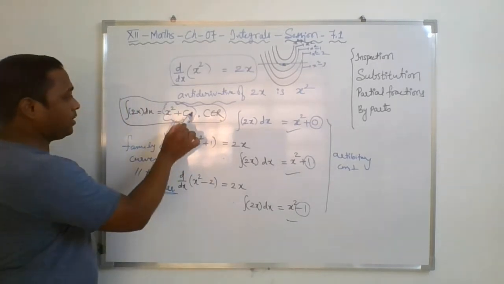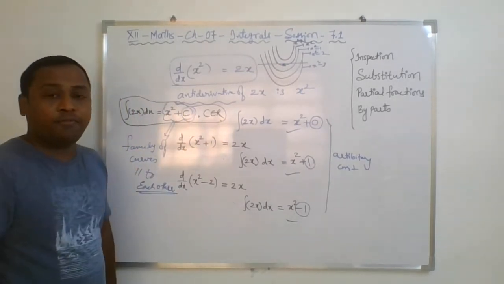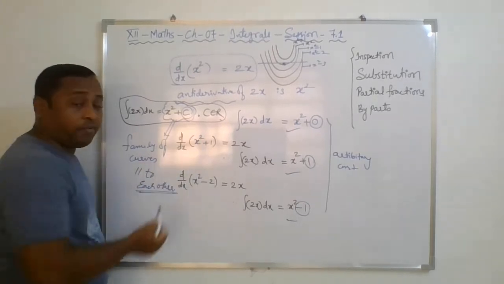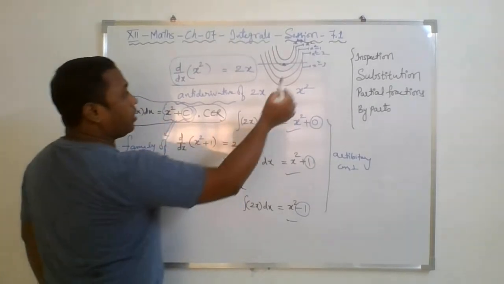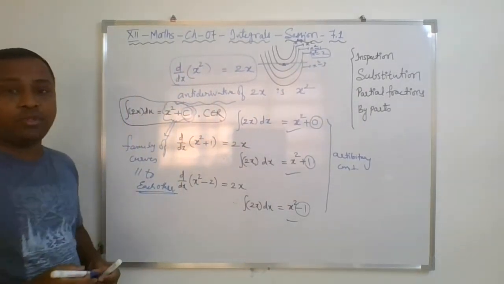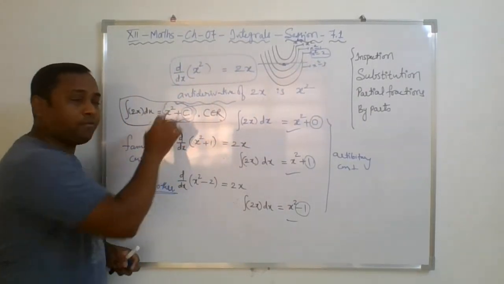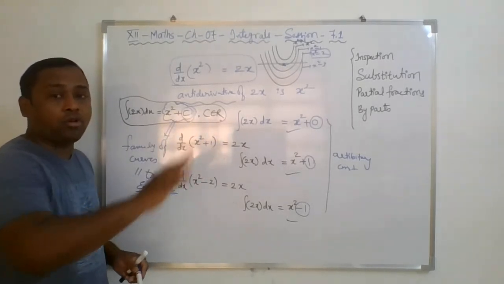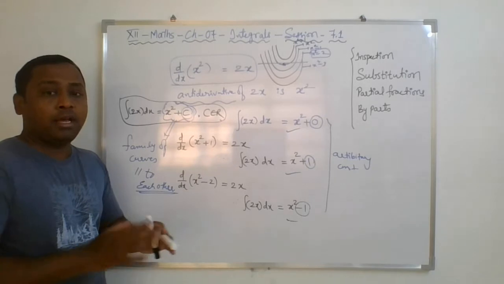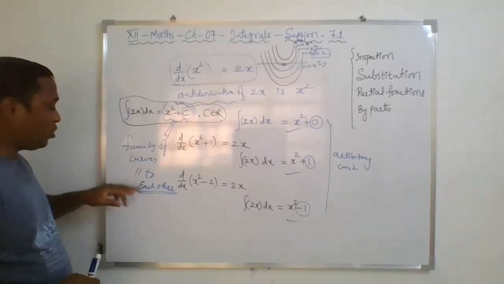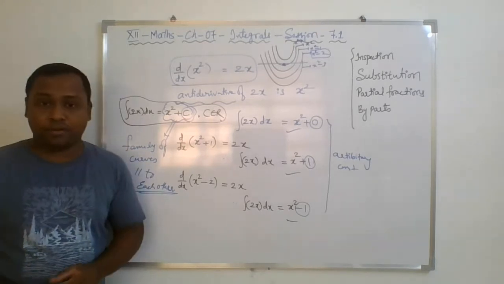So if you assign some fixed value to c, then you are getting a member of this family. If you are not specifying a number here, it means it serves any constant or any real number. Hence, it will give a group of curves, which are always parallel to each other.